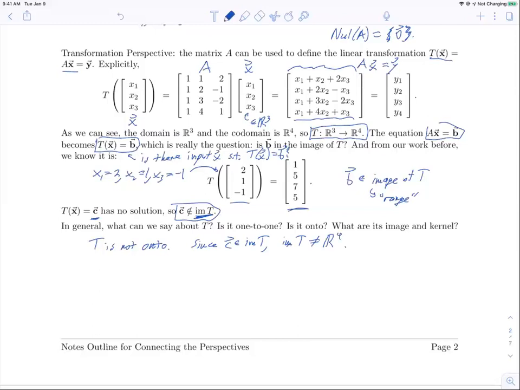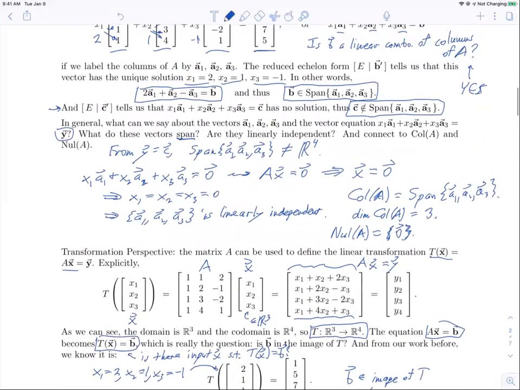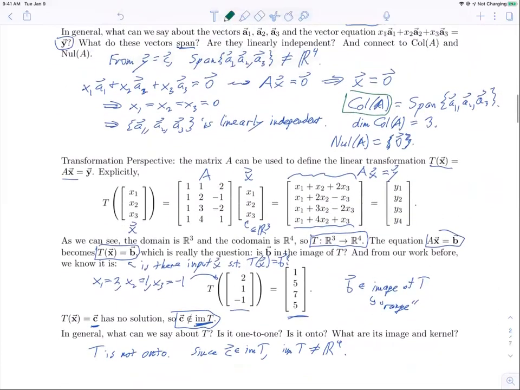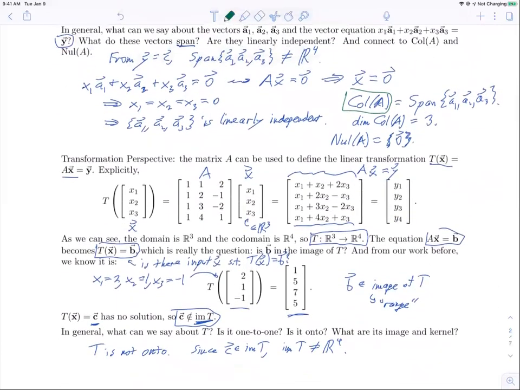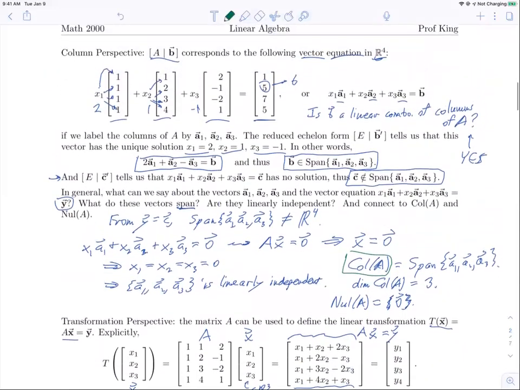And in fact, what I'm trying to put on the rug here, and what I'm going to come back and talk about in a second, is that really the image is the same as the column space, because they're both the same thing. They're both basically saying what are all the possible four-dimensional vectors you can make out of x1, x2, x3 in this matrix A, or x1, x2, x3 in the columns, the column vectors A1, A2, and A3.